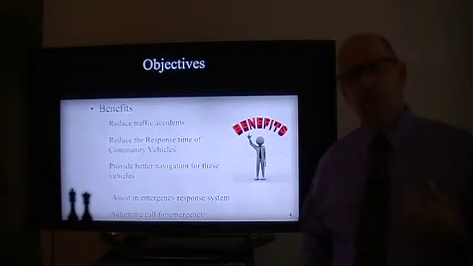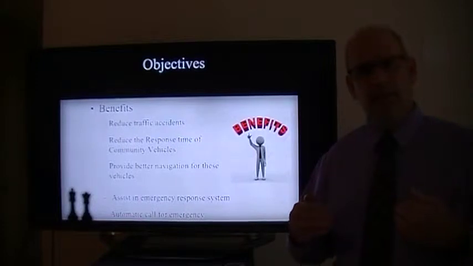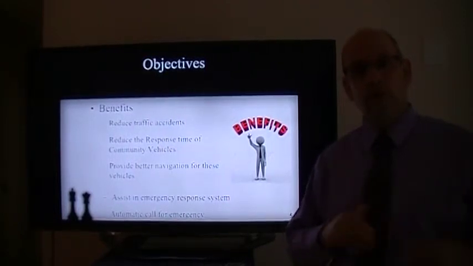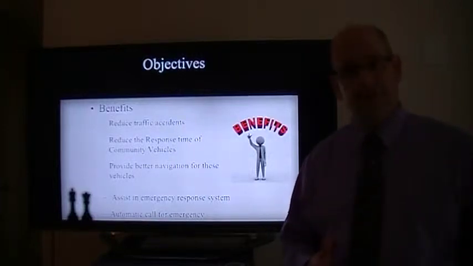Think about it. We can get them from point A to point B faster, more effectively, more efficiently, therefore utilizing that ambulance for the next call, or that firefighter for the next call, or that police vehicle.